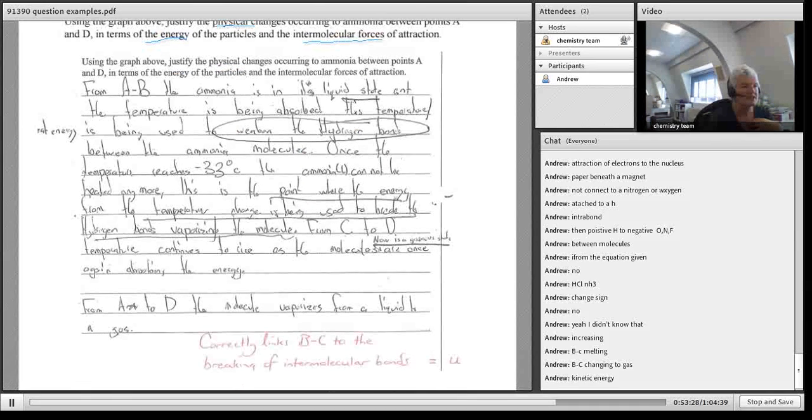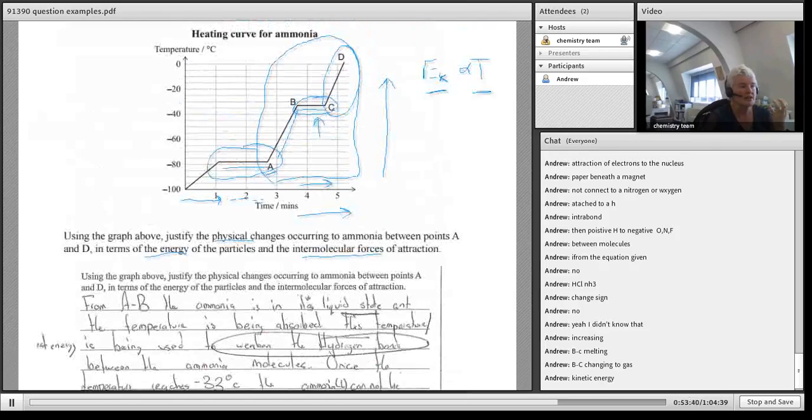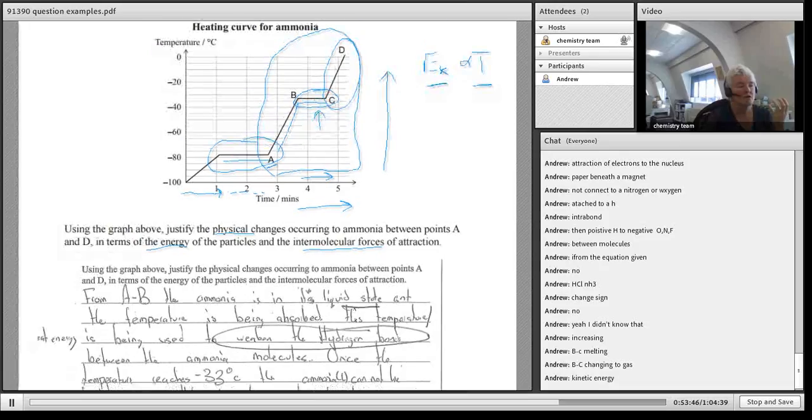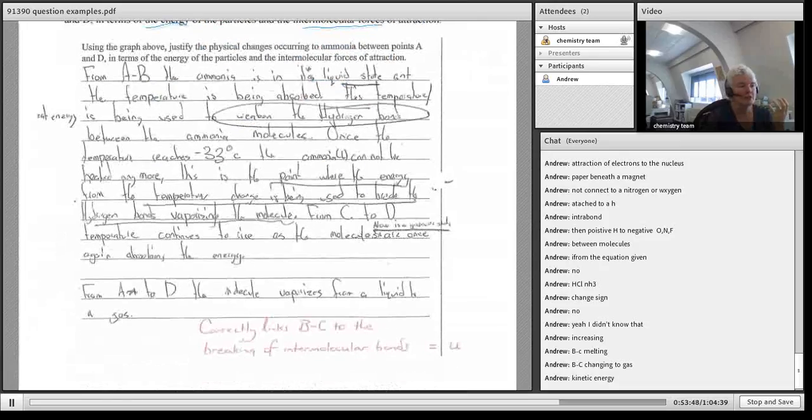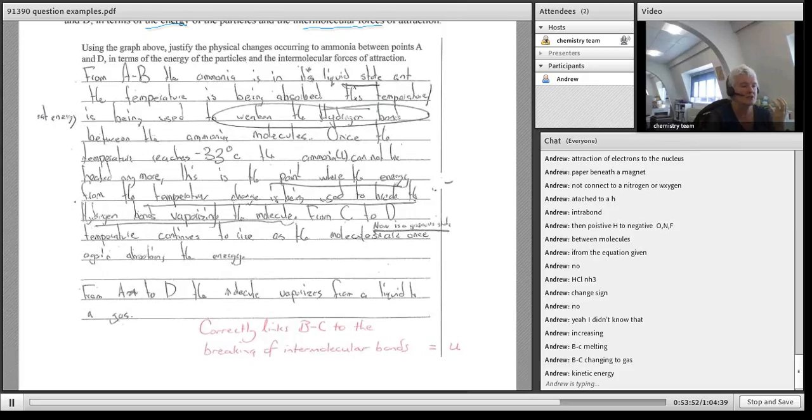So here's an example where they just got an understanding, so an achieved level. They basically got that achieved level because over here they did link that BC to breaking of the intermolecular forces. So that was accepted.